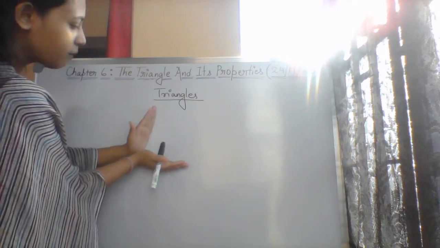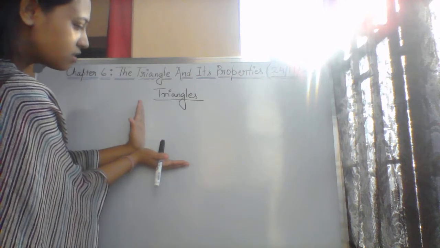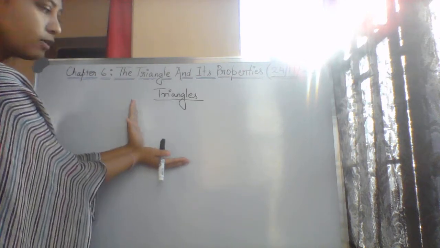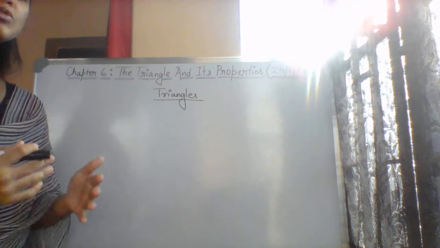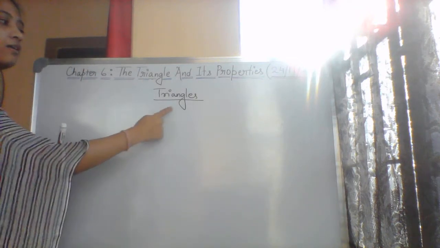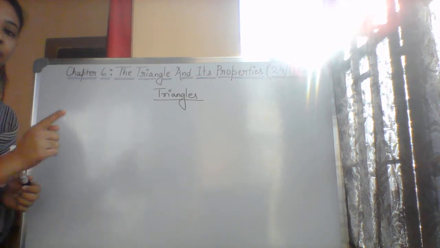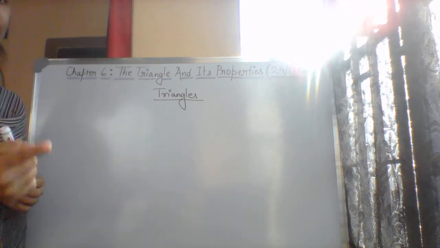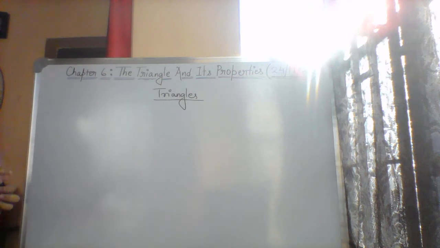Similarly, angles can also be changed. We can change this angle to this angle. So based on two things we can classify triangles: first, depending upon the sides, and next, depending upon the angles.